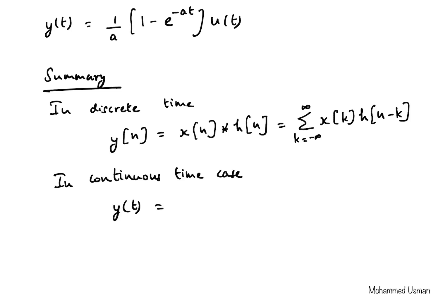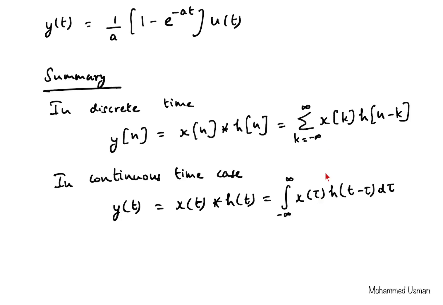we will now write y of t as the convolution between the input x of t and the impulse response h of t. And now the convolution sum becomes the convolution integral, which we denote as the integral of x of tau into h of t minus tau d tau for tau ranging from minus infinity to infinity.